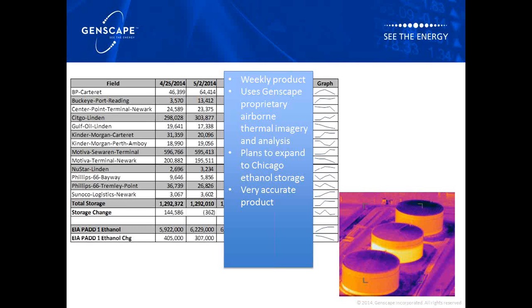We know the tank capacity. We can use the thermal imagery. You can see in the lower right how clearly defined the tank fill is, and we're able to measure with a high degree of accuracy how much ethanol is in those tanks, and then report that to our clients so they have a sense for how much is in storage.